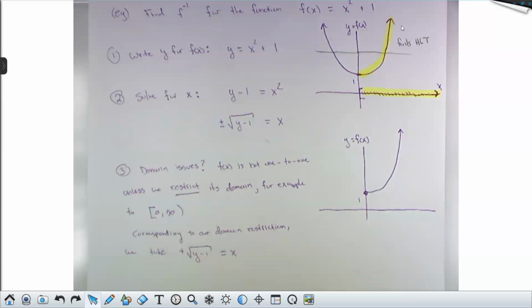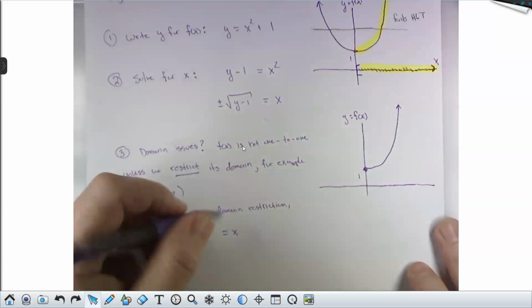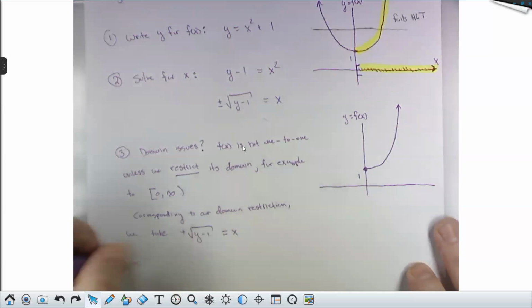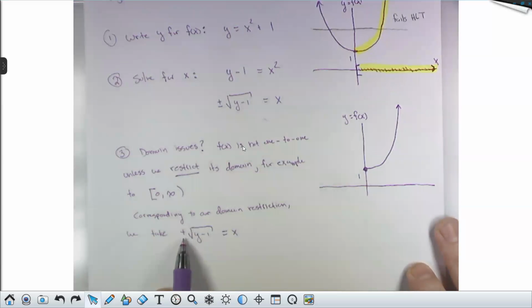You see, I could have chosen to throw the other half away. I could have chosen to stick with this. And then I would need to take the negatives here because my x's would all have to be negative, because I would have thrown away all the positive x's. So now I know that this is the algebraic representation I want. And the positive here corresponds to the positive values of x that I should have because I've restricted my domain.